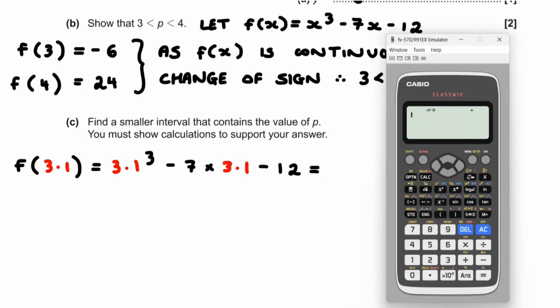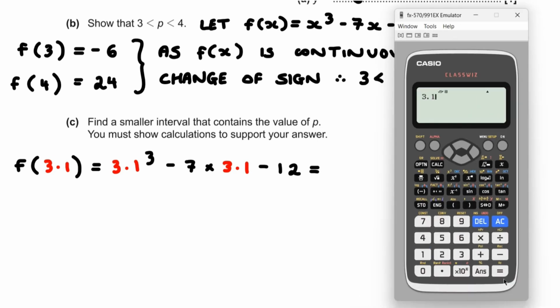So let's work out what this is. So I've got 3.1, and if I store this into my calculator, put 3.1 cubed, subtract 7 times 3.1, subtract 12, which is negative 3.909.